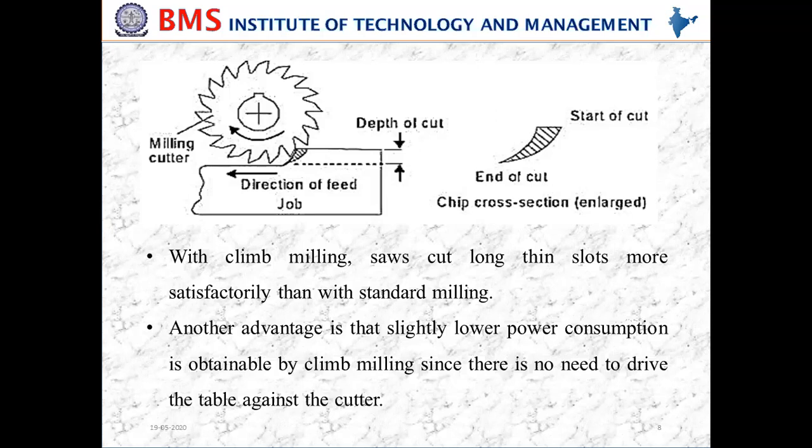And in down milling, the chips do not interfere with the revolving cutter, because see the movement of this, the chip moves in this direction, so it will not come in contact with the cutter once again. Whereas in up milling, it is going to interfere with the cutter. So in down milling, the chips do not interfere with the revolving cutter, because they are disposed of easily by the cutter.